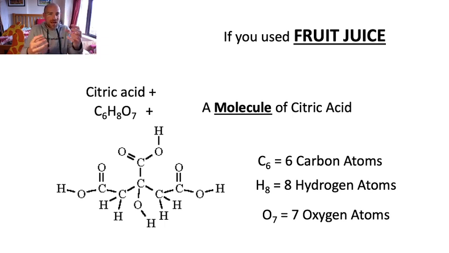So it looks mad, these numbers and letters, but it's just telling you what atoms you've got bonded together. So these lines connecting the atoms, they're the chemical bonds. You learn about them loads. What atoms are chemically bonded together in a molecule of citric acid? And we've got 6 carbons, 8 hydrogens, 7 oxygens.